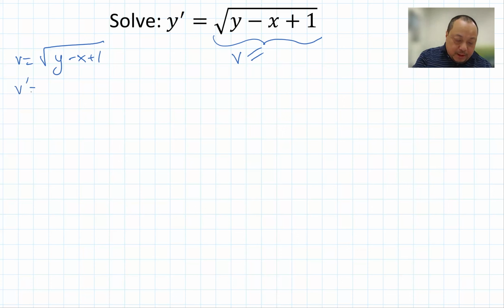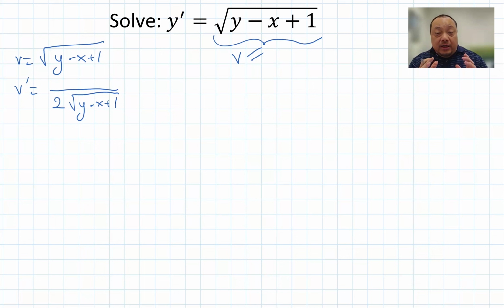That means v prime is equal to 1 over 2 times the square root, times the derivative of the inside as chain rule, right? So times y prime minus 1. Well, this square root is actually v.